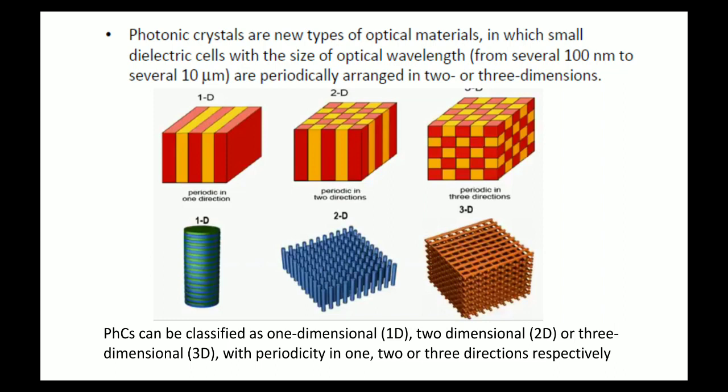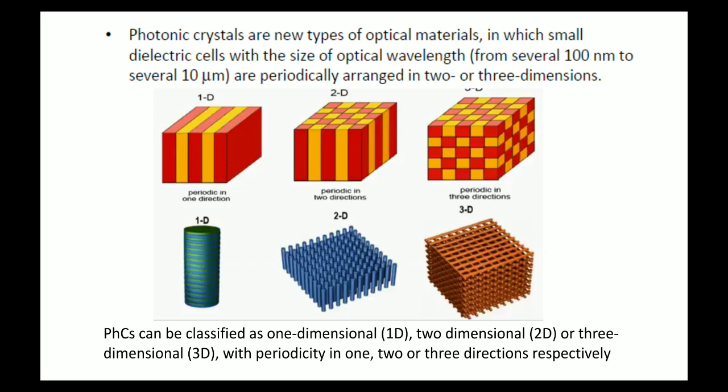There are three types of photonic crystals. First is one dimensional, second is two dimensional, and third is three dimensional. In one dimensional, the periodicity is in one direction. Suppose red is a high refractive index material like glass, and yellow is a low refractive index material like air.